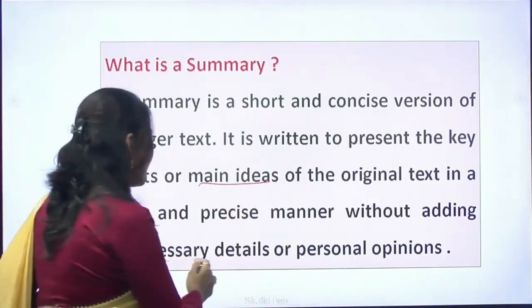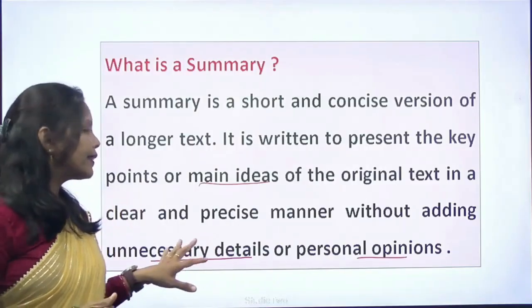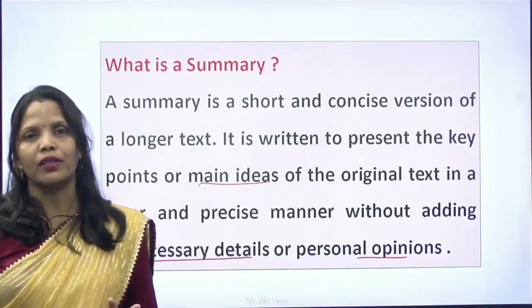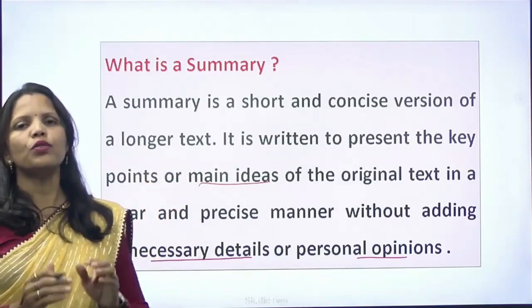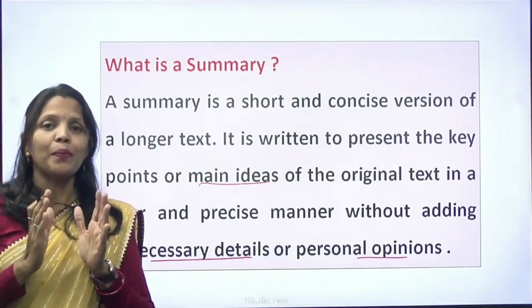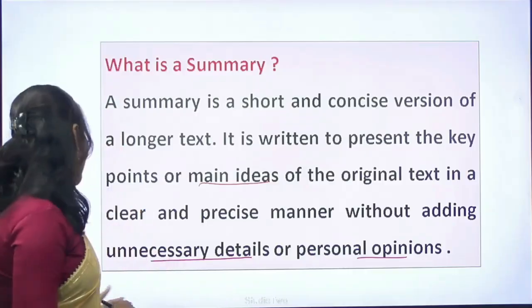There is no need to add any unimportant details, and the summary doesn't need any of your opinions also. This is the summary. So summary means to make a longer passage into a smaller one, but it must be concise, means to the point.